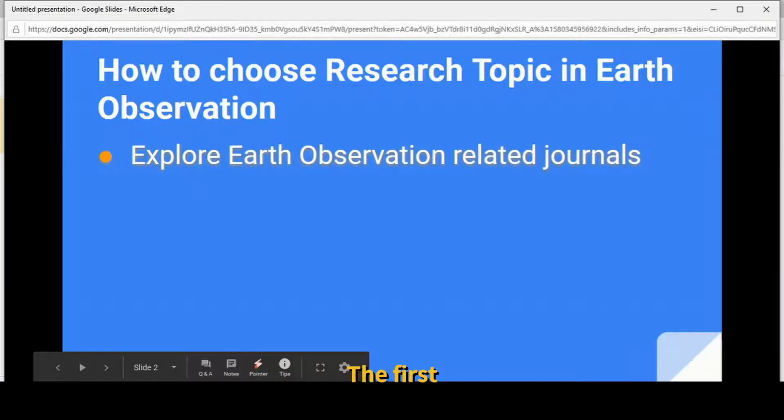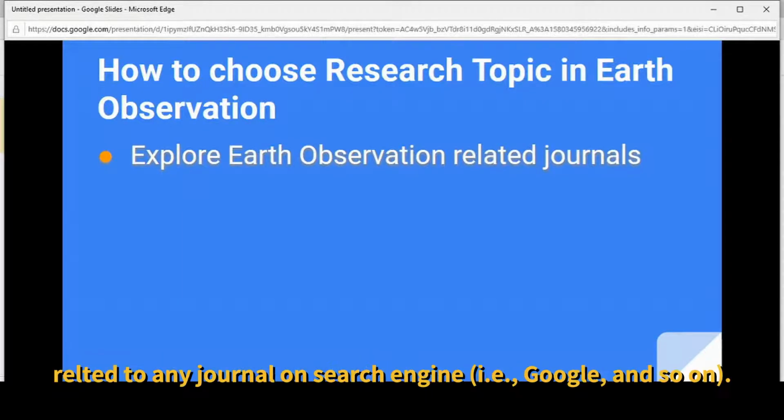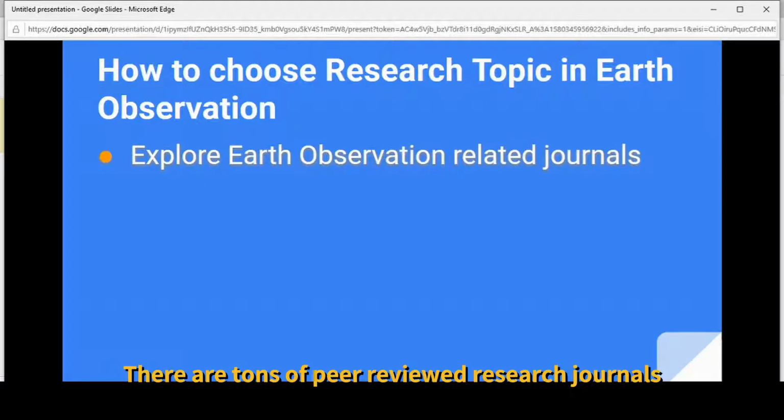First, please explore Earth observation and remote sensing related journals. They have tons of peer-reviewed research journals, for example, Remote Sensing and Water.